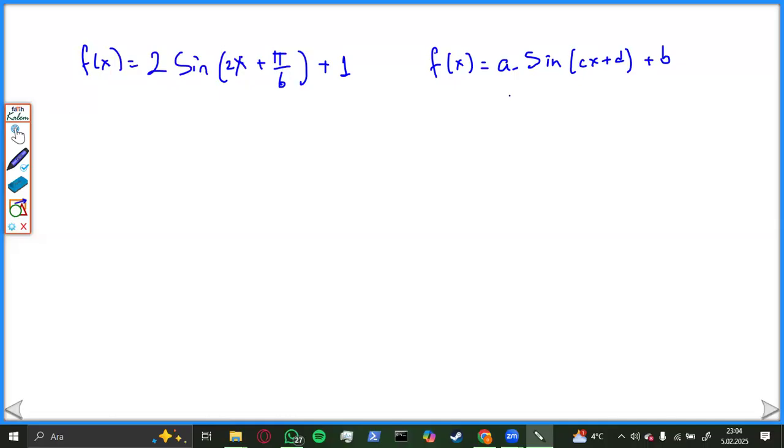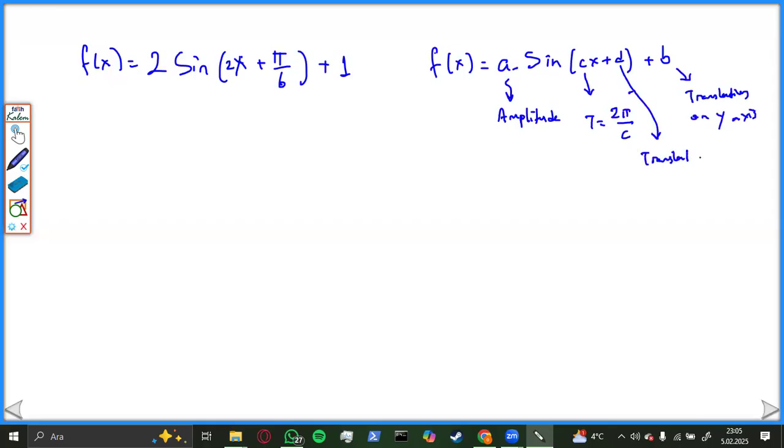This is the general form for a trigonometric function in terms of sine x or cosine x. A represents the amplitude. C represents the period, which is 2 pi over c, and d is the translation on y.